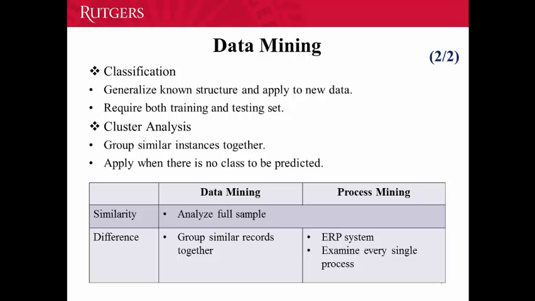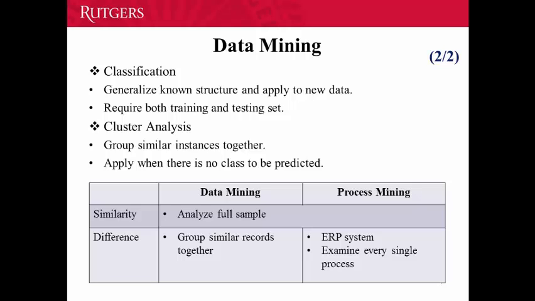Within a cluster there will be a lot of similarity, but between clusters there will be a huge difference. So we can choose to analyze the cluster that, for example, has potential fraud, and the instances inside that cluster will have similar patterns, so you can analyze it.